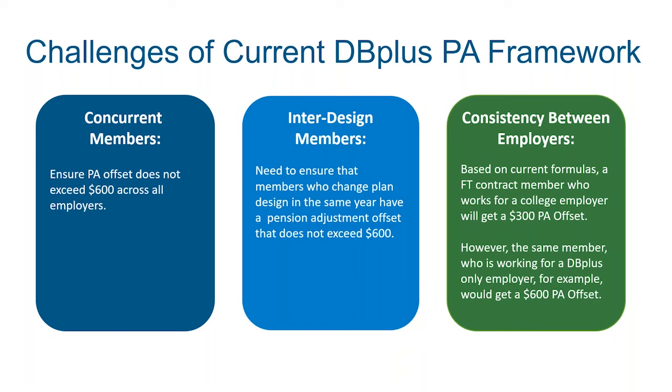Another challenge had to do with the PA treatment for interdesign scenarios, where members move from one plan design to another during the year. We need to ensure that members who change plan design in the same year have a pension adjustment offset that does not exceed $600. A third challenge of the current framework has to do with consisting the total PA between all employers for the DB Plus PA formula.